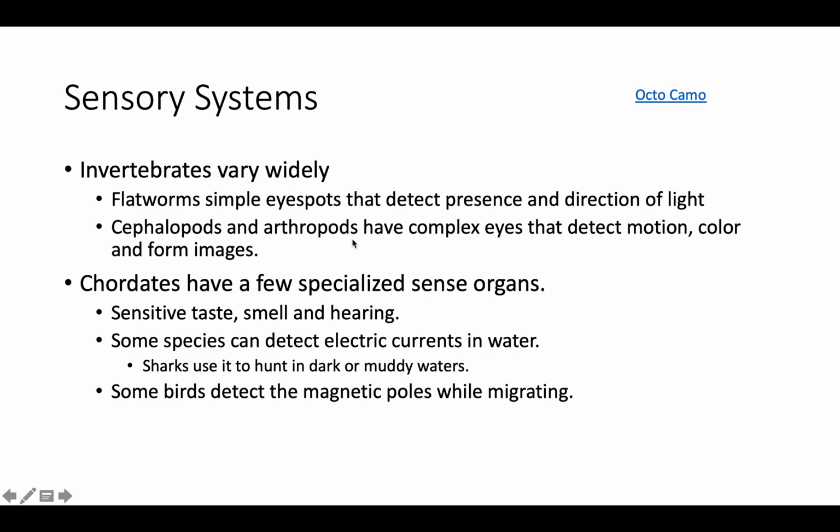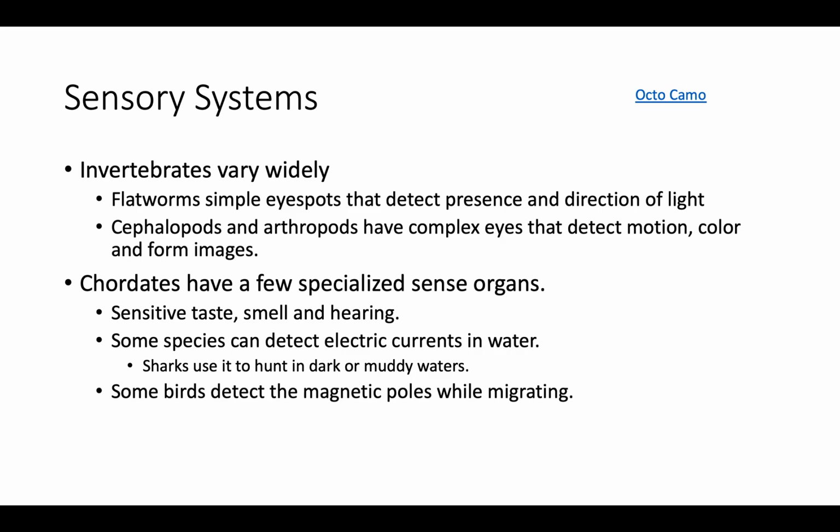Cephalopods and arthropods have complex eyes and detect motion, color, and form images. The cephalopod being that of the squids and octopus, they're going to have a complex eye. Arthropods are going to be insects, things like that. You've probably seen pictures of their eyes as well, but they a lot of times can detect motion a lot better than the human eye, and also color, and are able to form images.